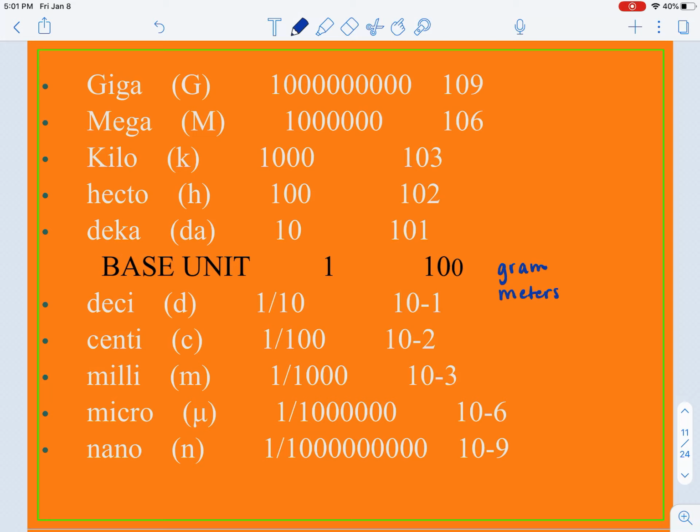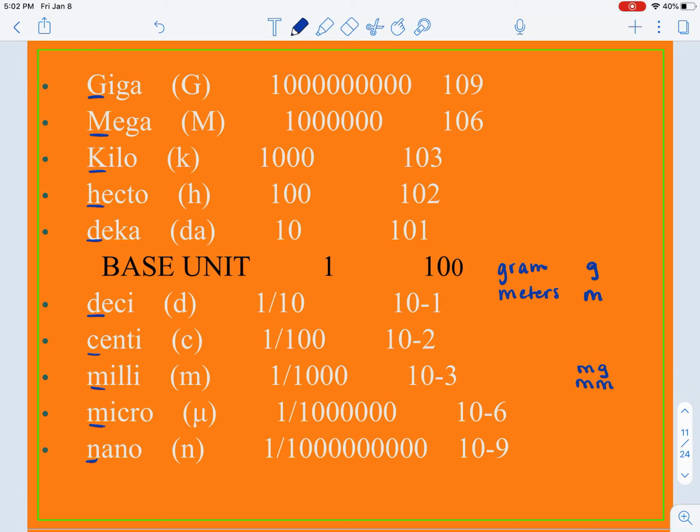So these would be base units. If I were to write this, I would just put a G for grams, or I would just put an M for meters. If we have something that is in the metric system but it's not a base unit, we're going to take this first letter, typically, deca's a little special, but we're going to take this first letter and we're going to throw it in front of our base unit, and that's going to tell us what unit we have. So for example, millimeters would be an MM.